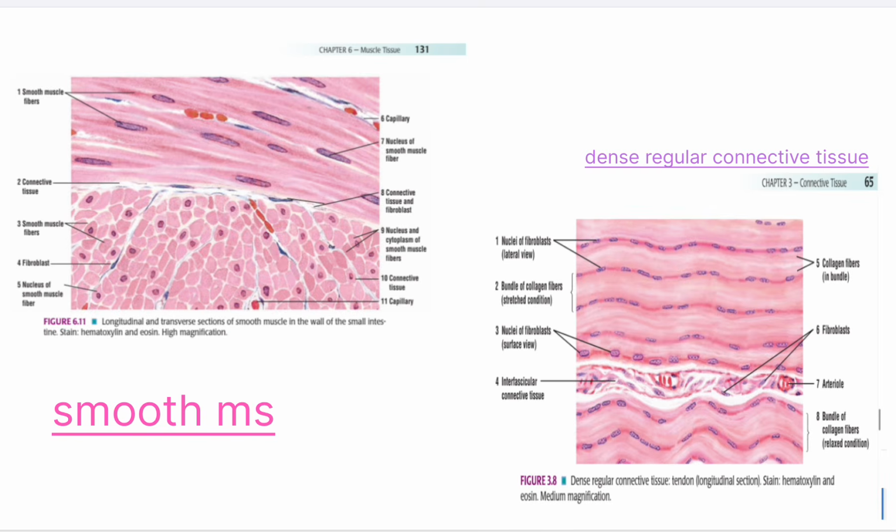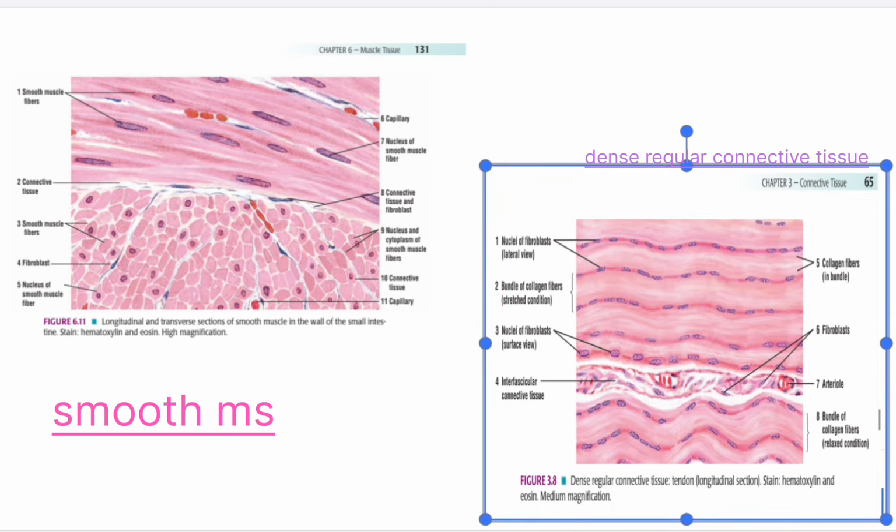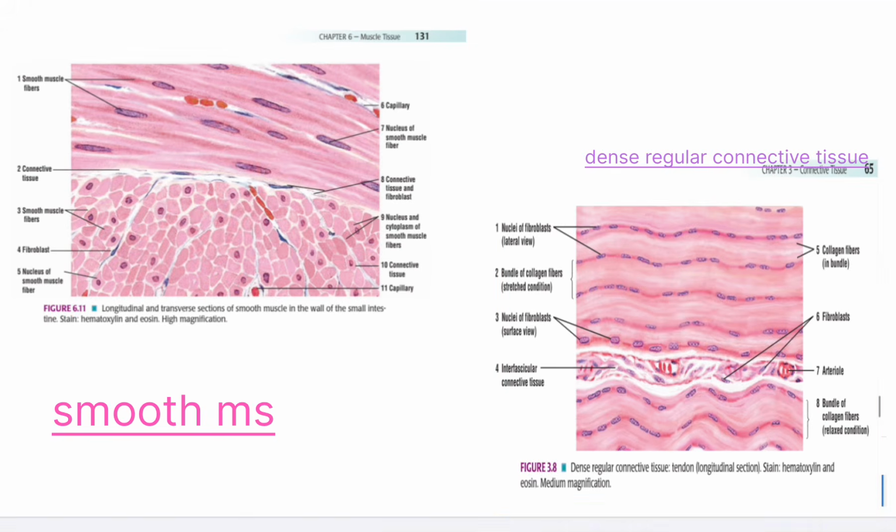And here you see that the collagen fibers, since they're non-living, do not have any nuclei within. But the cells that you can see in the gaps between the collagen fibers are fibroblasts.